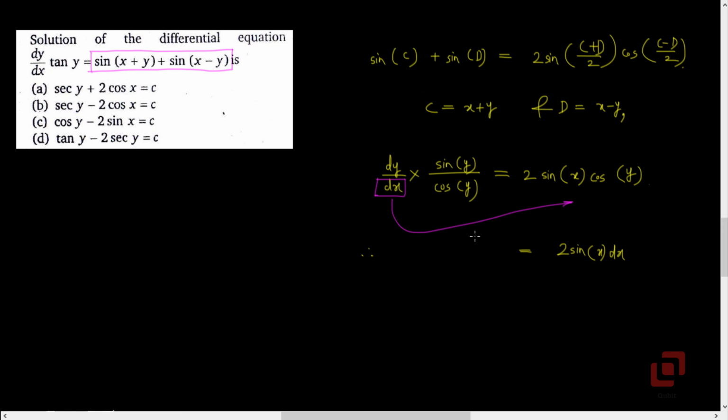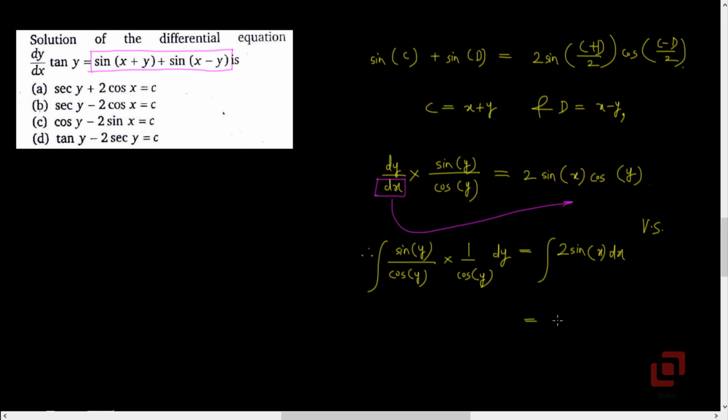Let's go to the LHS now. If you send cos y here, it will be sin y upon cos y into 1 upon cos y dy. This is now in the variables separable form. We can integrate both sides.